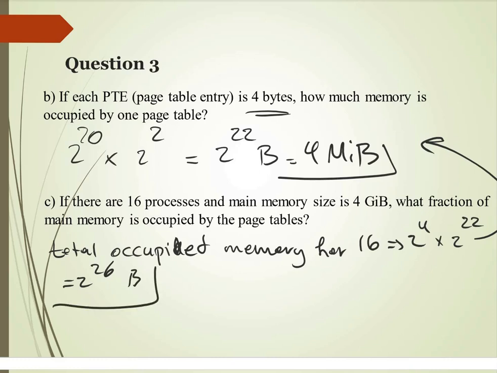So now we know that the total main memory is 4 GB based on this section, based on the question basically.